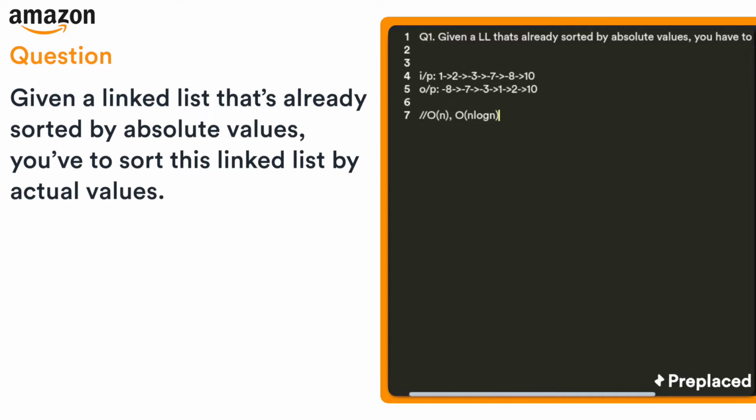That would surely provide a perfect solution, because as I'm moving towards the end of the list, the negative values in the linked list are in a decreasing form. They are not in an increasing form.